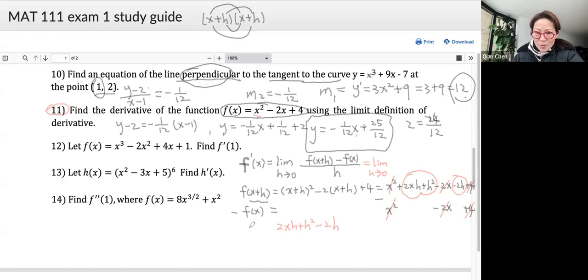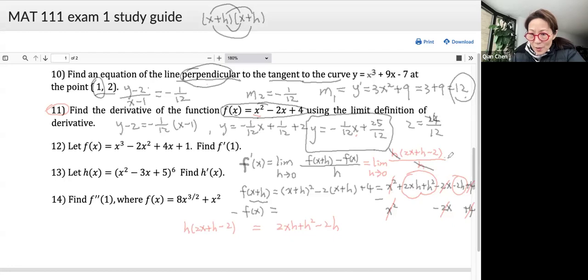Every term has h in it, so I can factor out h. I'm left with 2x plus h minus 2. So now I have h times (2x plus h minus 2), divided by h. You see, again, I have a common factor in the numerator and in the denominator. h divided by h becomes 1.